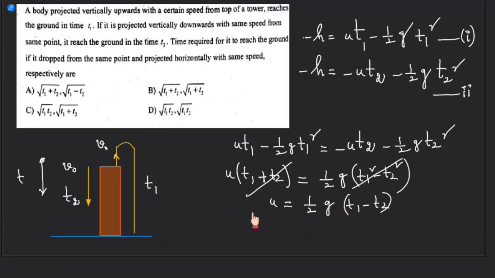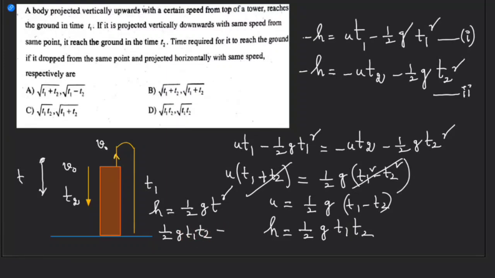If you substitute this value here, you get h equal to half g t1 t2. And if I drop it freely, h is equal to half g t². So half g t1 t2 equals half g t², the g gets cancelled, and therefore t is equal to the square root of t1 t2.